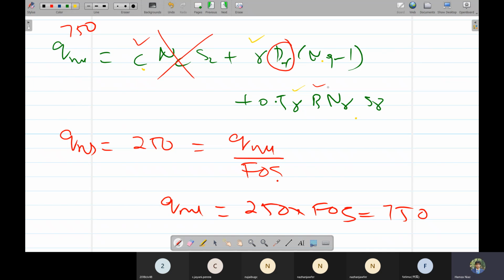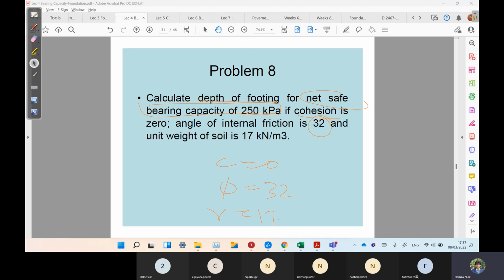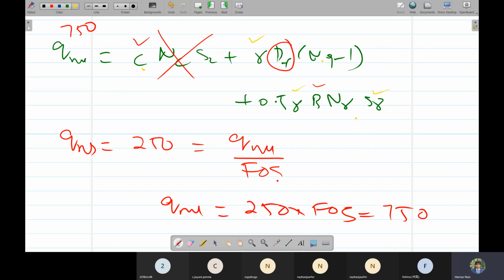So we know gamma, we know this S gamma for this footing. They have not given this footing. So simply we can just write it as assuming footing is square footing.